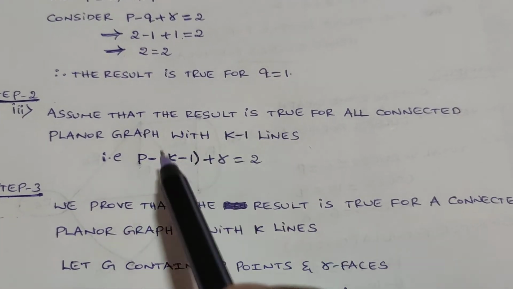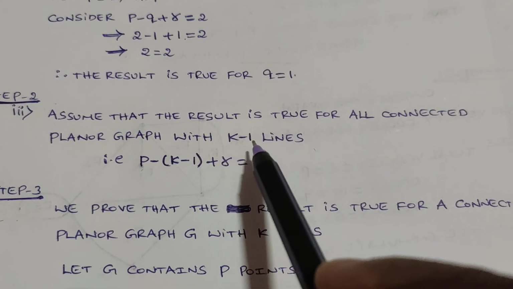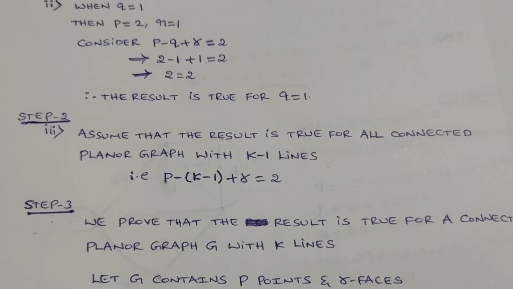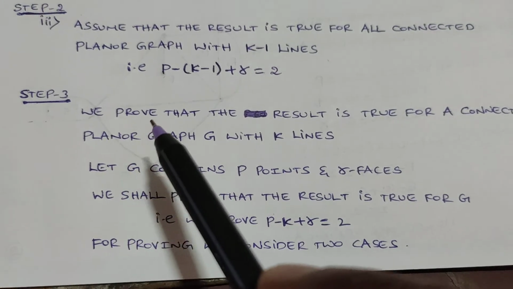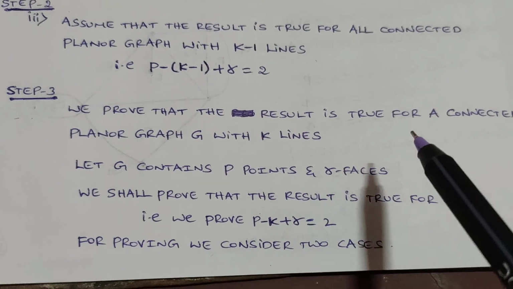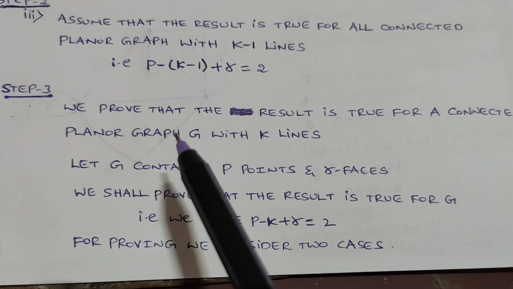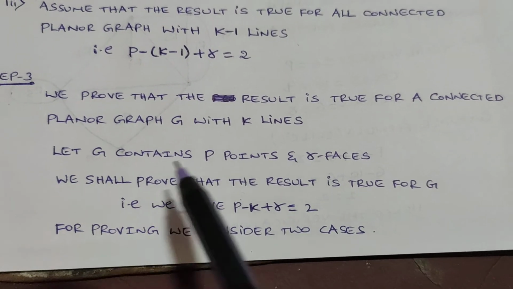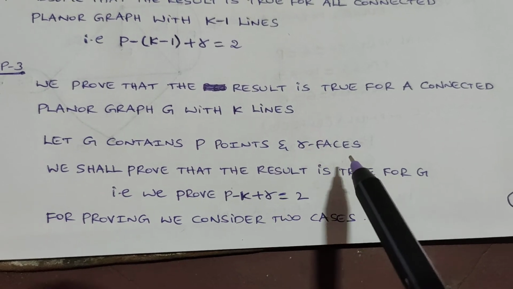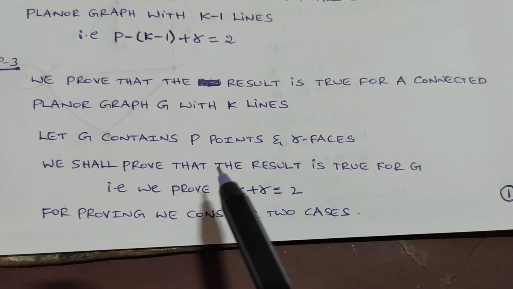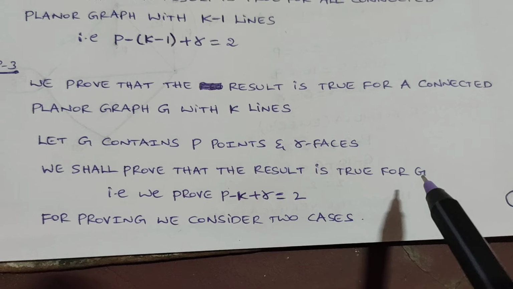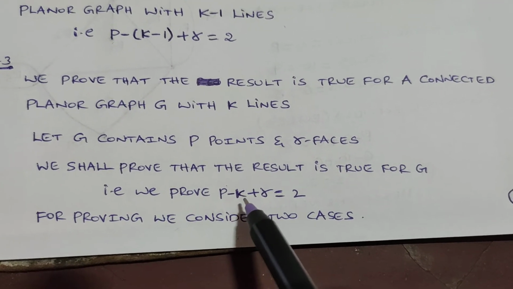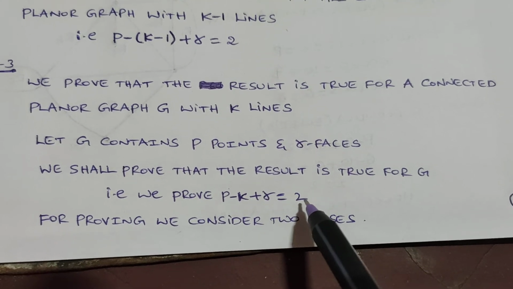Euler's theorem is satisfied for Q equals k minus 1 lines. In step 3, we prove that the result is true for a connected planar graph G with k lines. Let G contain P points and R faces. We prove that P minus k plus R equals 2.